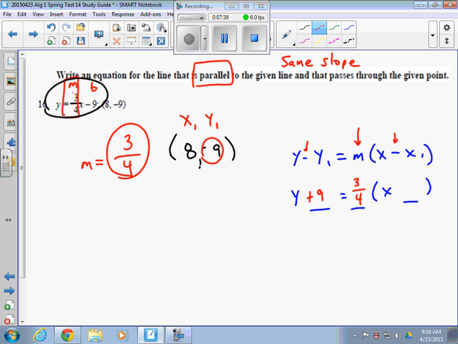In place of x sub 1, we have positive 8, so we put in negative 8. So this is your equation, following the directions to write an equation parallel to the given one that passes through the point (8, negative 9): y plus 9 equals 3/4 times x minus 8.